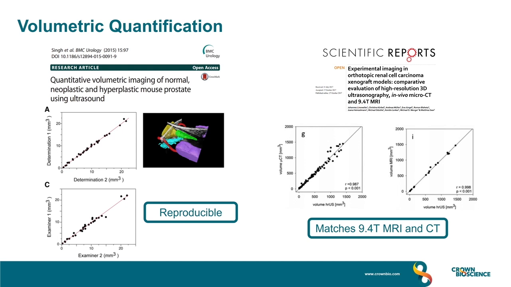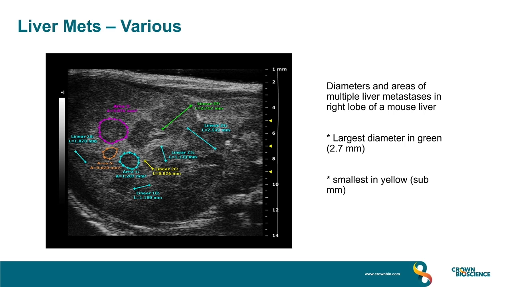On this page are some publications, basically to showcase that ultrasound measurement can produce data at very high reproducibility, and it also matches MRI and CT. Another application of ultrasound is to detect metastatic lesions. Although we can do that using ultrasound, it requires the cells to be labeled with BLI or bioluminescence.